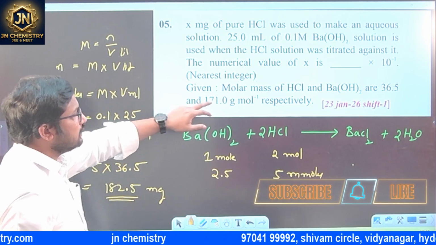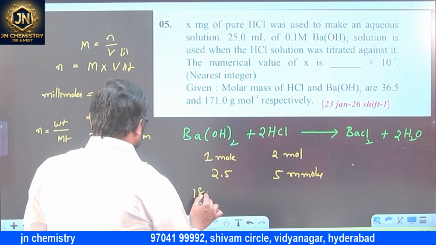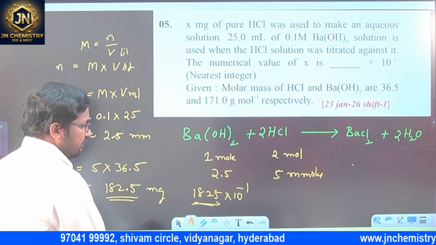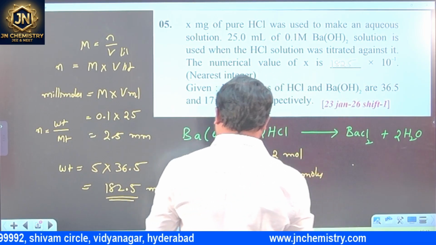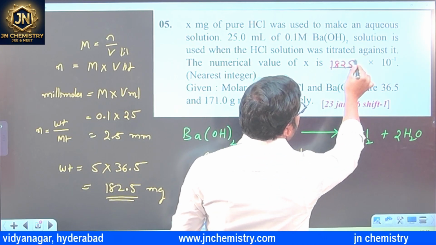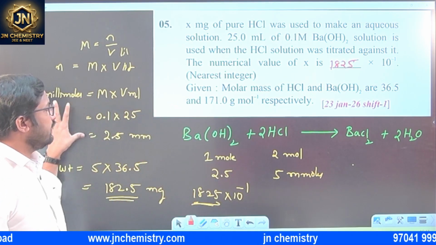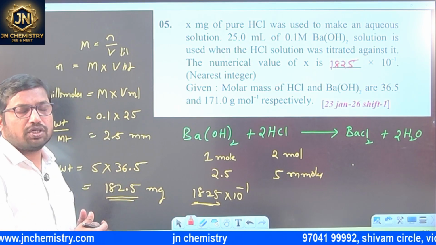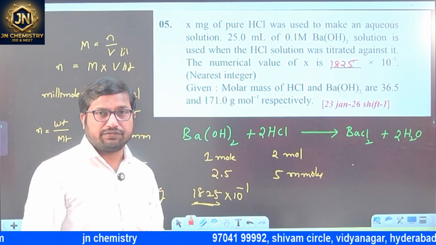But in the question they are asking in units of 10 to the power of minus 1, so we can write 1825 into 10 to the power of minus 1. So the answer will be 1825, the nearest integer. This is the way we need to do it. Otherwise we can convert grams to milligrams also, but this is one of the easiest methods.